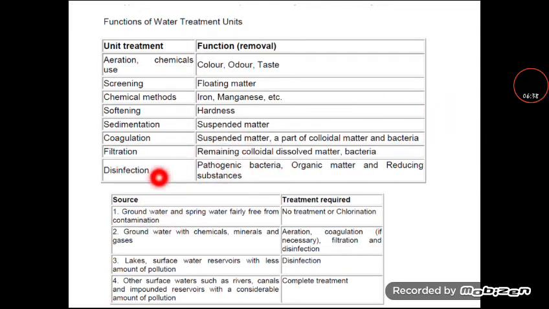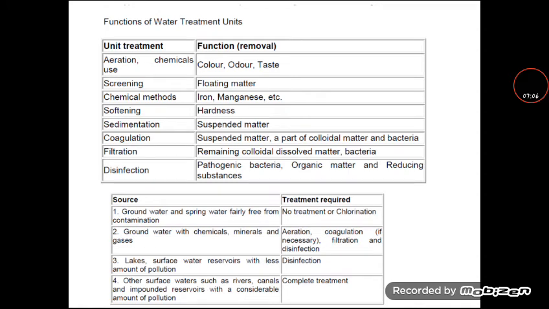According to the source of water, we decide what type of treatment is required, and for that we need to characterize the water. First, groundwater, or water with chemicals which may be from surface sources, may require some treatment like aeration and coagulation.